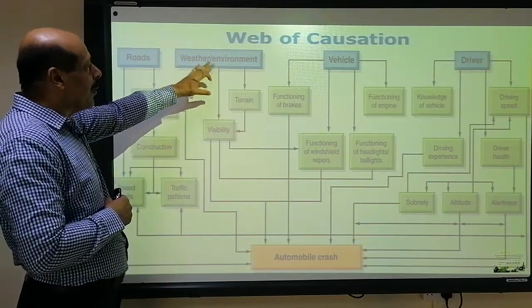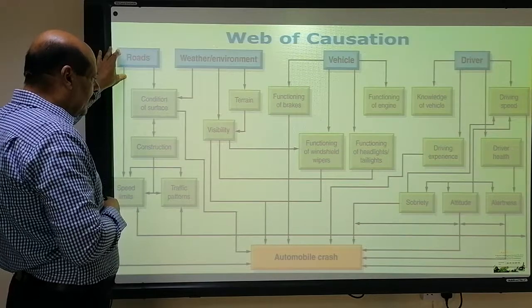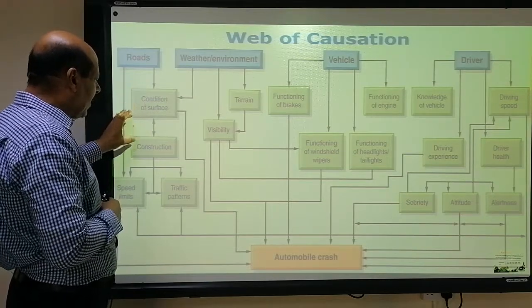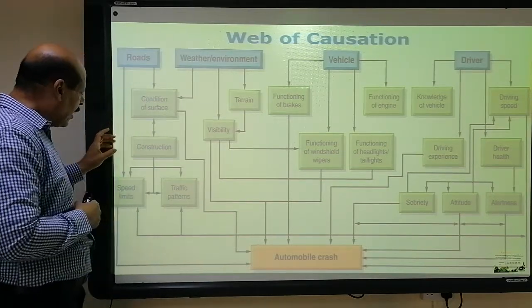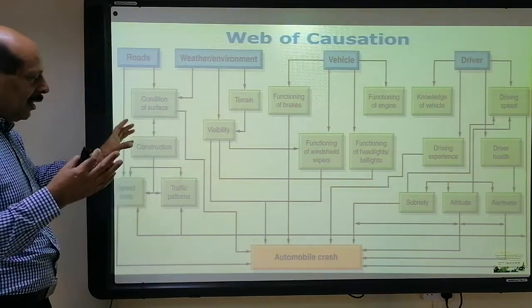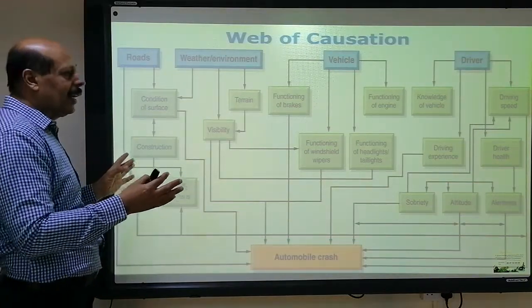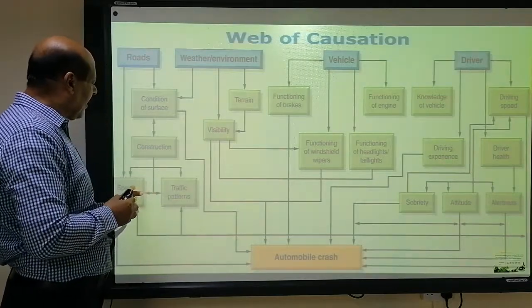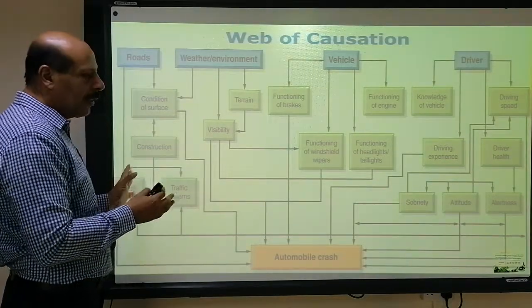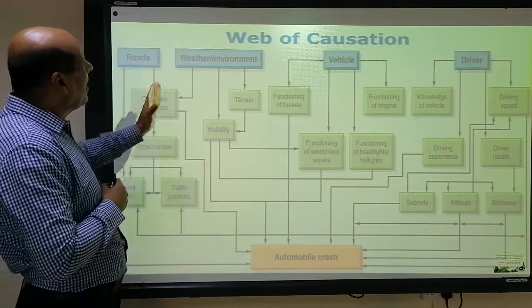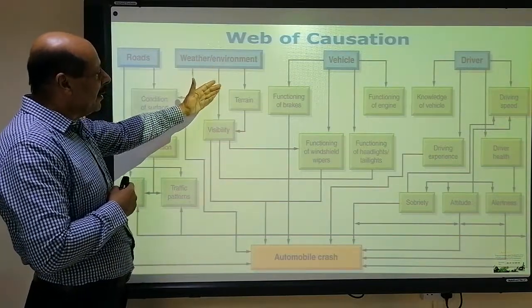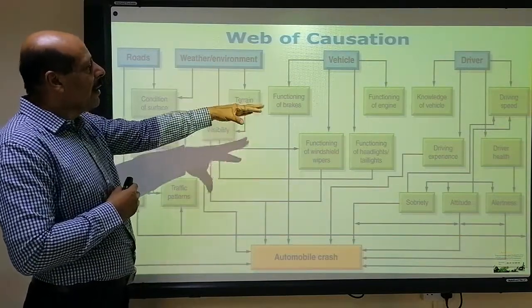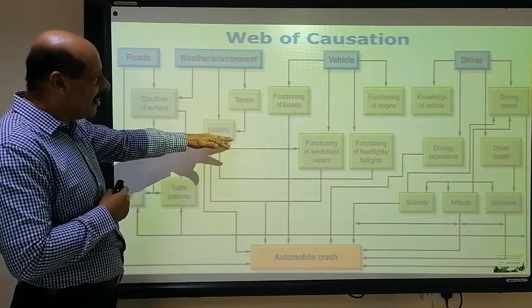Then weather and environment. There are factors within the road construction and service, the speed limitation, and whether we are obeying the traffic pattern and the speed limitation. Then the weather and environment, terrain and visibility.